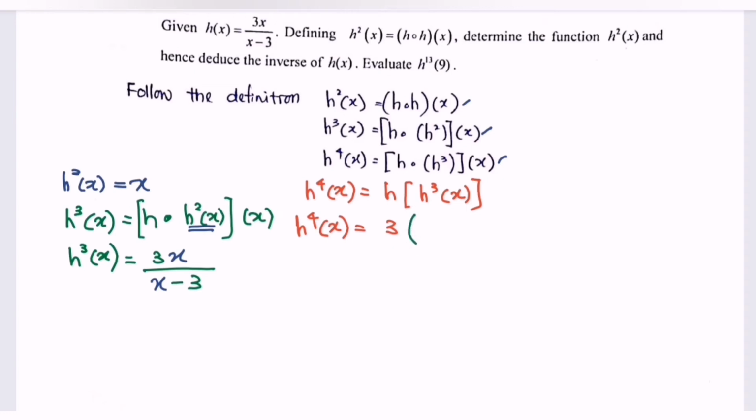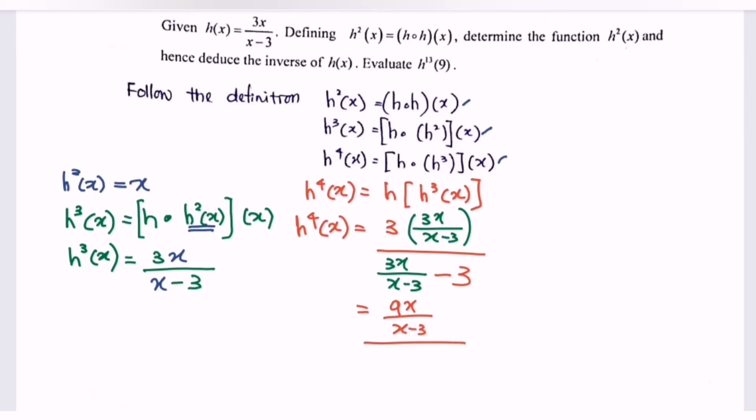In here the h cube is 3x over x minus 3, so again 3x over x minus 3 minus with the 3. So simplify the situation. What we can do is 9x over x minus 3 over, equate the denominator, 3x minus 3 bracket x minus 3 over x minus 3.